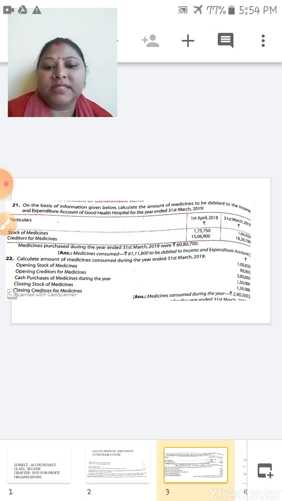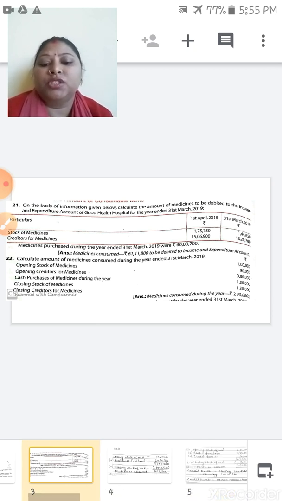Here net purchases amount is 60,80,700. Subtract the closing stock value, which is 1,44,550. In this question there is no use of creditor for medicine, because medicine purchase means net purchases is already given.